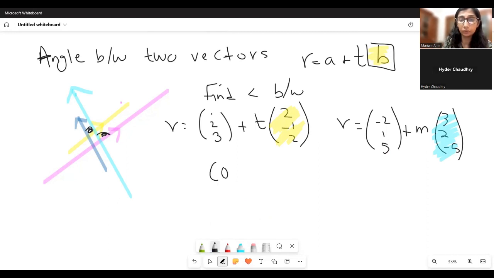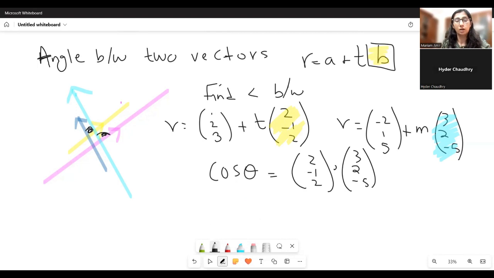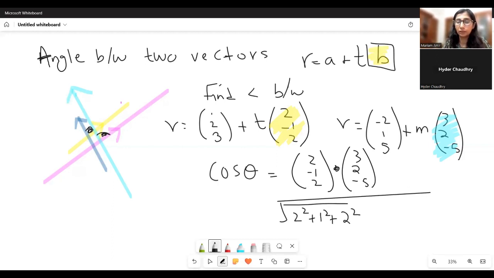So cos theta would be (2, -1, 2) dot (3, 2, -5) upon magnitude of both. 2 square plus 1 square plus 2 square times 3 square plus 2 square plus 5 square.